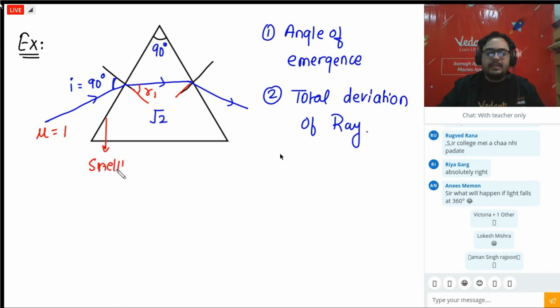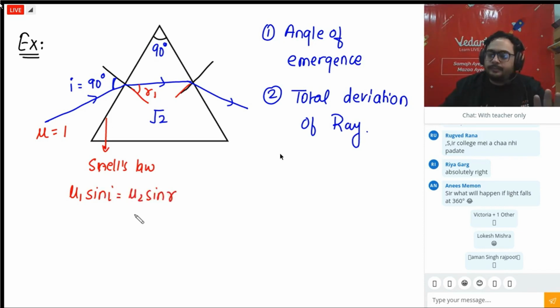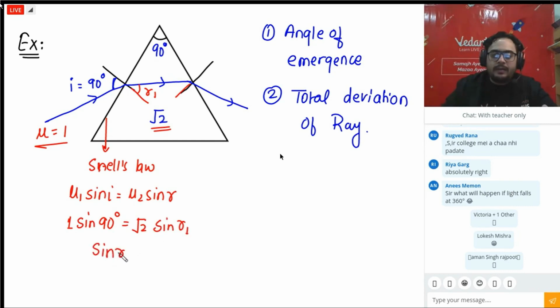Snell's law simply says mu1 sin I is equal to mu2 sin R. So 1 into sin 90 degree is equal to root 2 into sin R1. So sin R1 you will get 1 by root 2, and R1 you will get 45 degree.